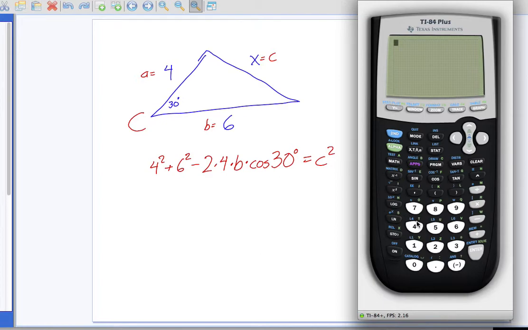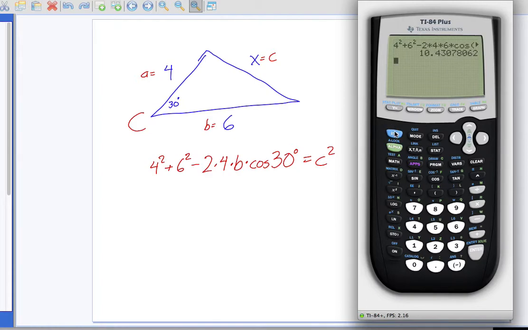So if I say 4 squared plus 6 squared minus 2 times 4 times 6 times the cosine of 30 degrees, I get that number, 10.43, etc. That is this whole side of the equation. That b there is a 6. I didn't notice it. That b there is supposed to be a 6. And maybe it is a 6 that just looks a lot like a b.